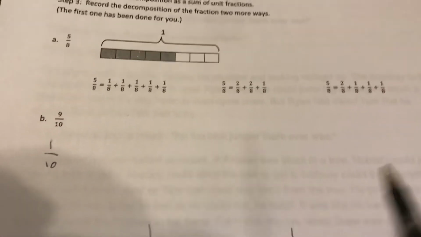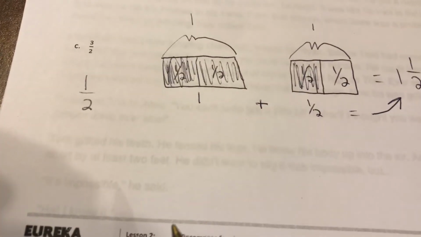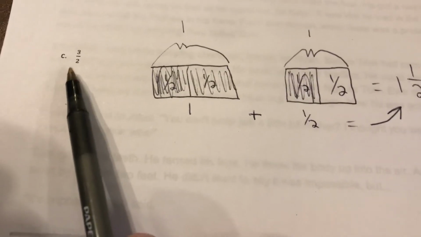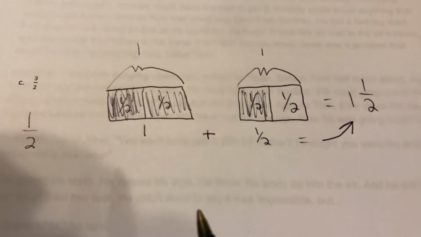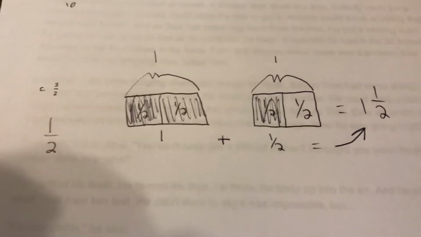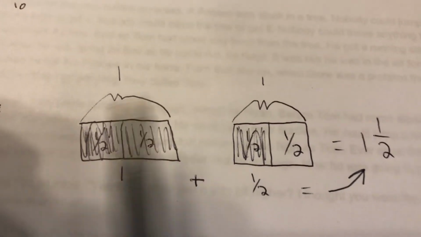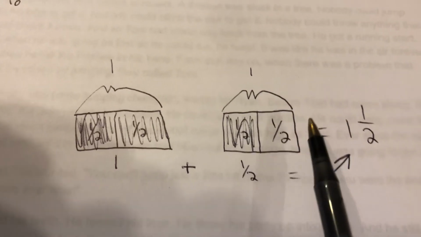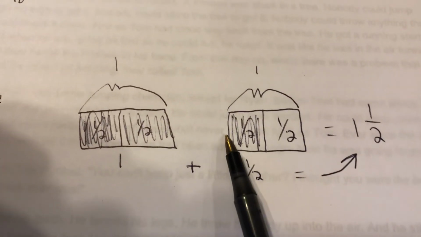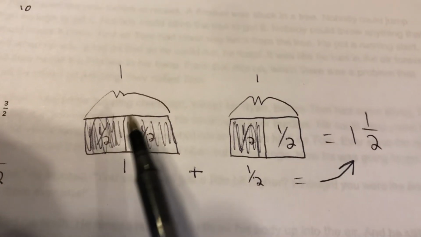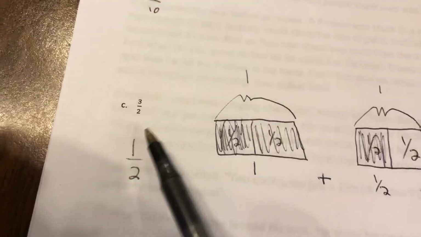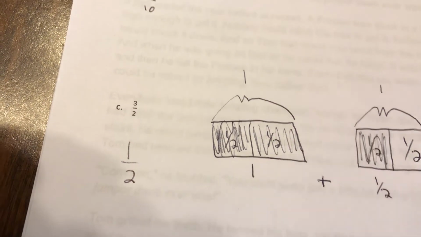Okay, so you're still going to decompose and think of other ways to add up to get to 3/2. I just wanted to show you what 3/2 actually looks like if we were to think of an object. These could be candy bars. This is one whole candy bar that we cut in halves. This is another whole candy bar that we also cut in halves. And then we just took 1/2, 2/2, 3/2 to get our 3/2. That's that improper fraction there.